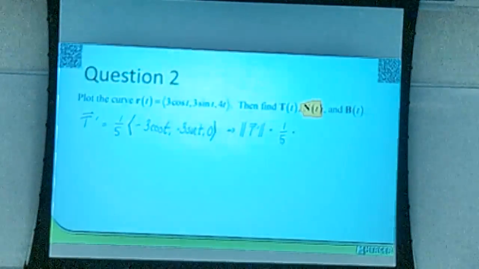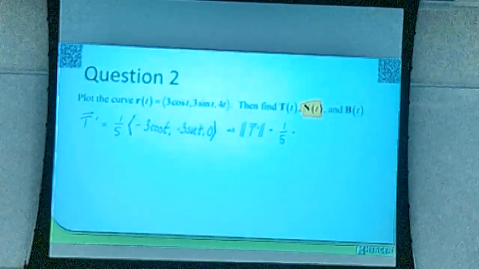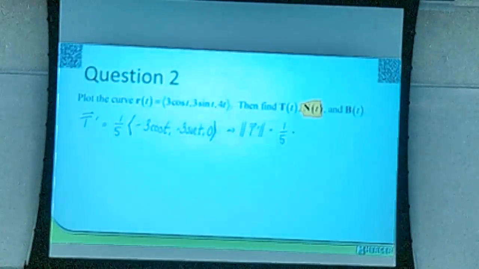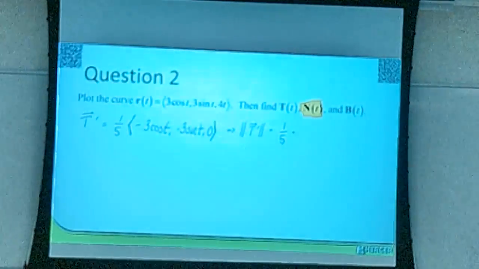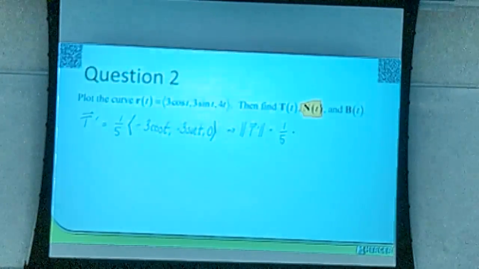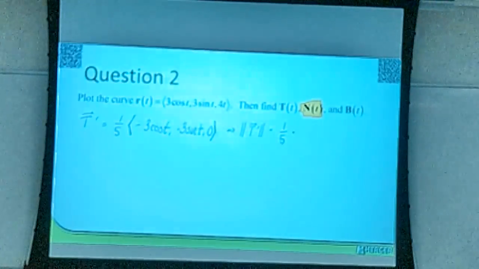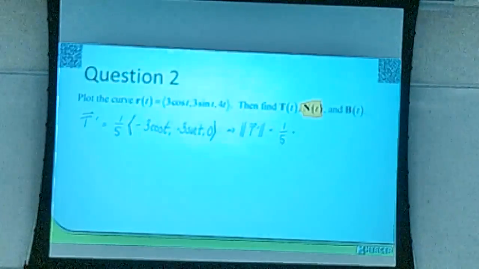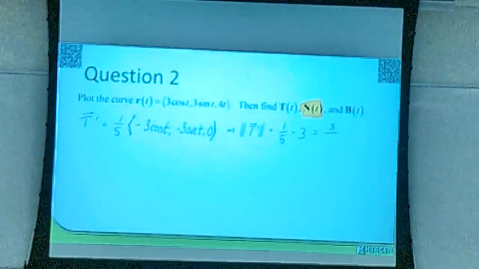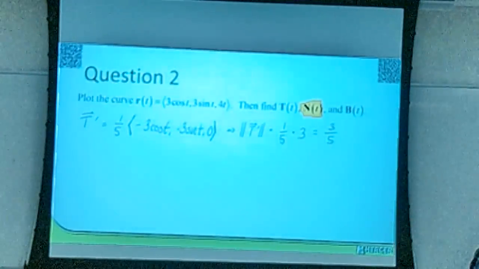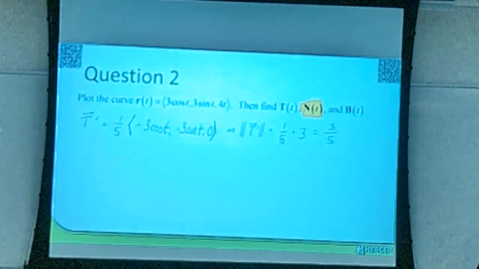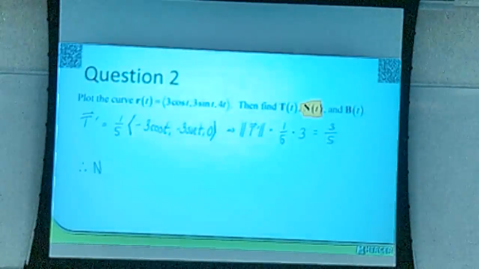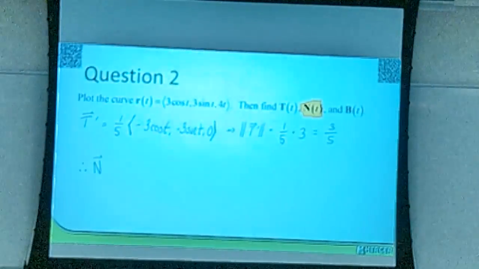Negative 3 cosine of t all squared plus negative 3 sine of t all squared, all of it square root. It's just 3 when fully simplified. Oh yeah, because the cosine and sine squared add to 1. Is that dot or? That's the multiplication of scalars.